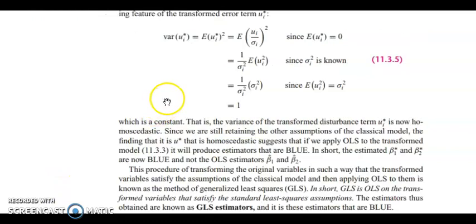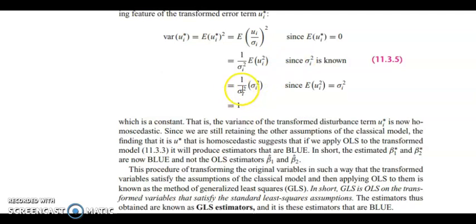When we use the new regression model, the variance of u_i star is the expected value of u_i star squared, and this u_i star is u_i over sigma i. So this is 1 over sigma i squared times the expected value of u_i squared. We bring the constant out of the expected value, and the expected value of u_i squared is sigma i squared by definition, since we have heteroscedasticity.